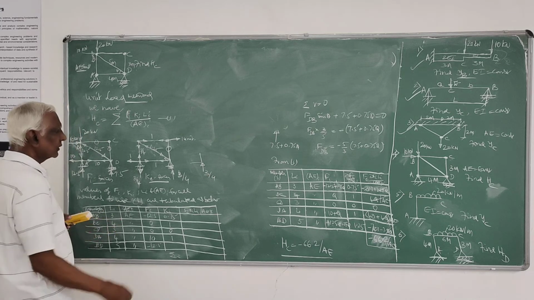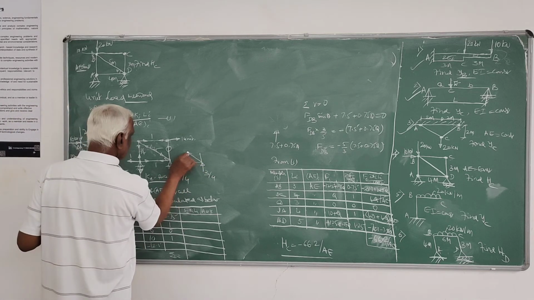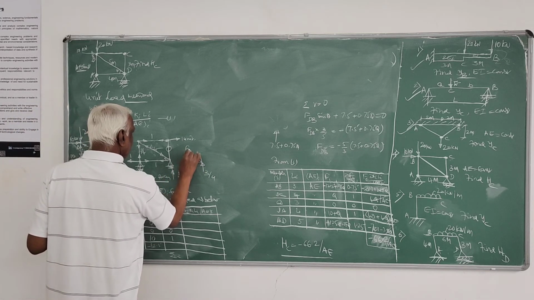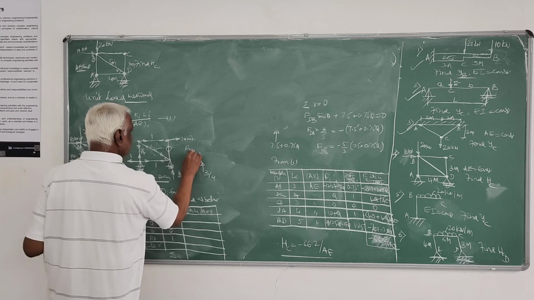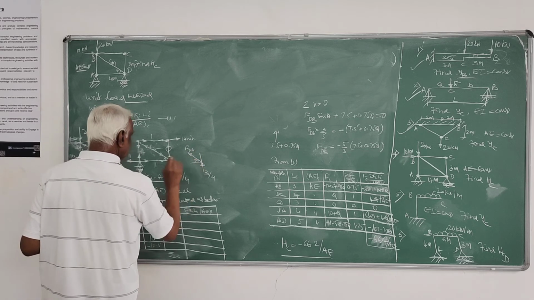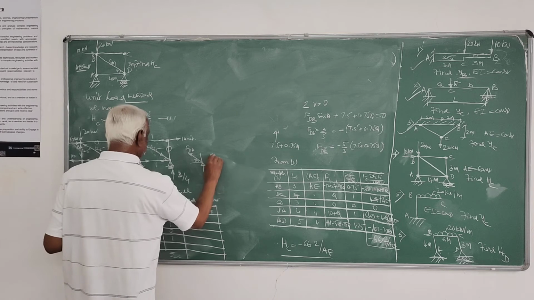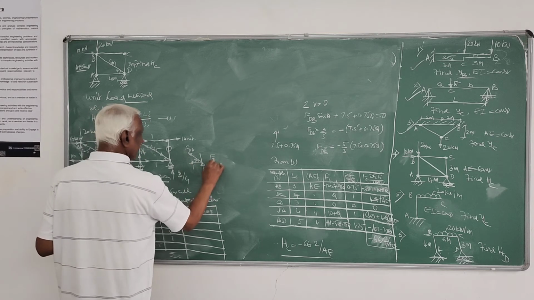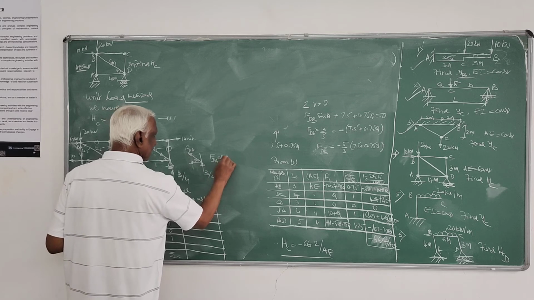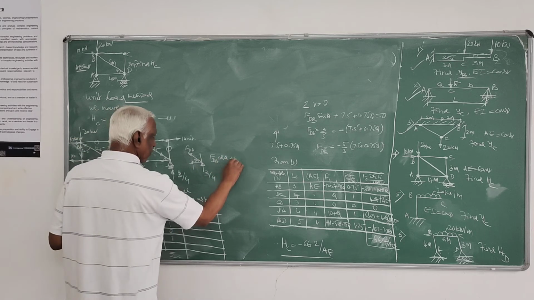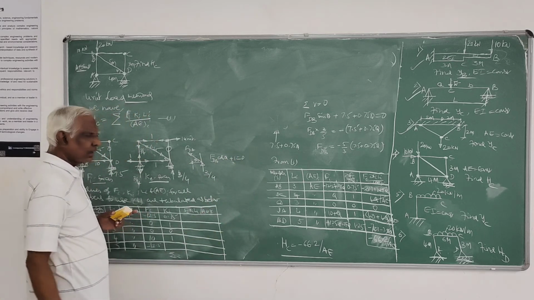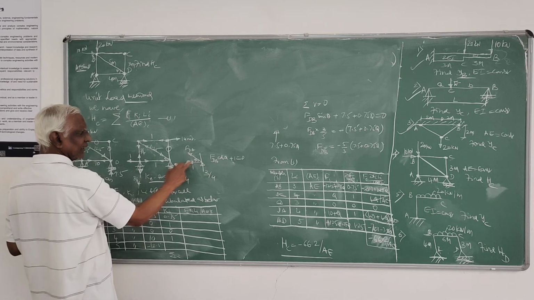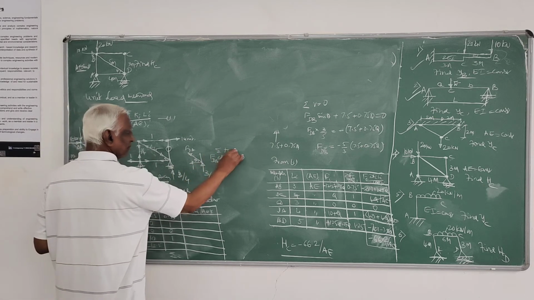This is your F, BA, correct? If I take like that, F this is 1. FDA cos theta equals 1, plus 1, so minus 1 equals 0. This I am taking here, sigma H equals 0.